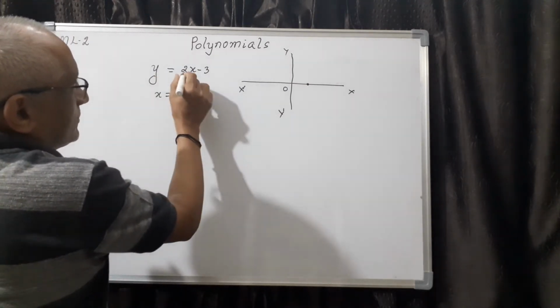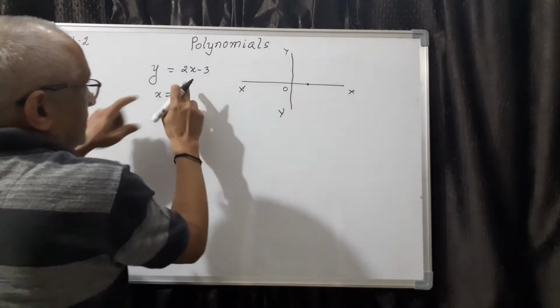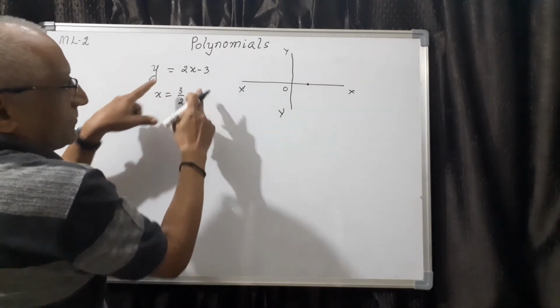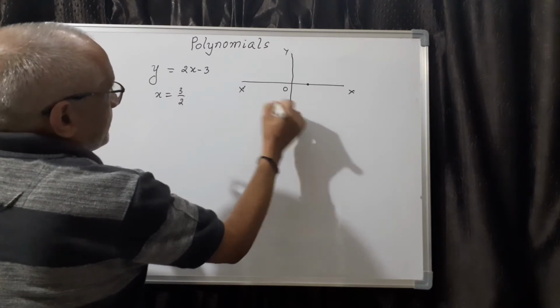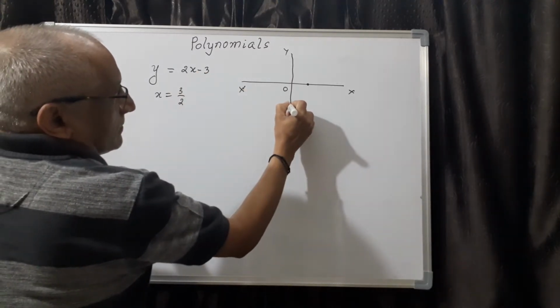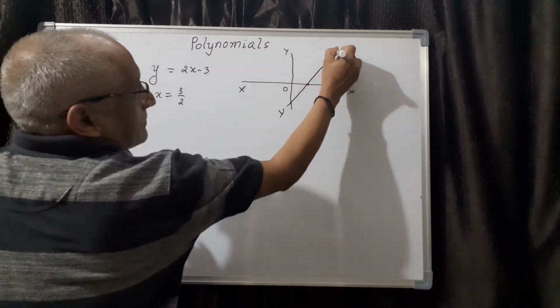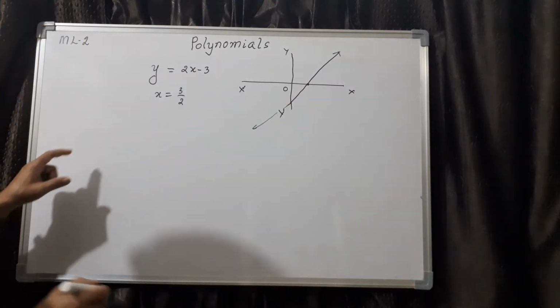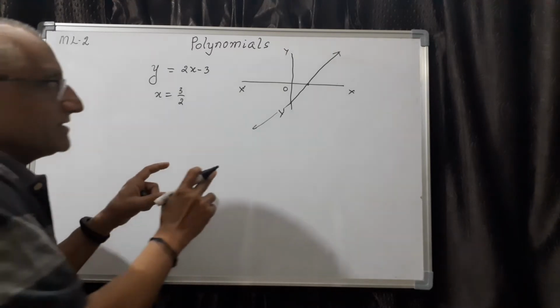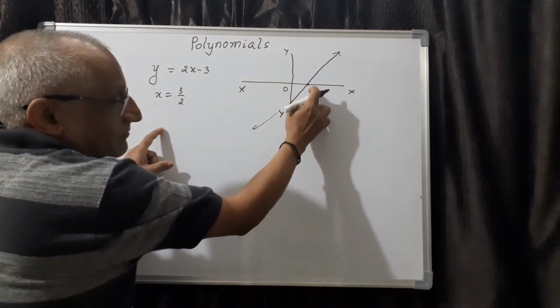If you take x equal to 0, y is minus 3 here. So the curve will be like this. So what is very important is that it cuts the x-axis at one point.